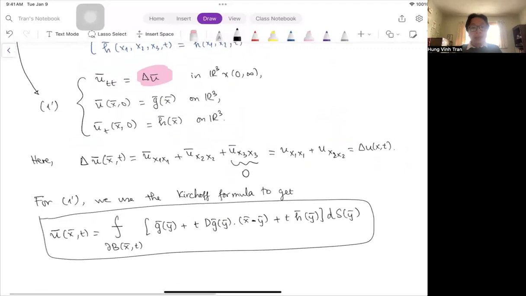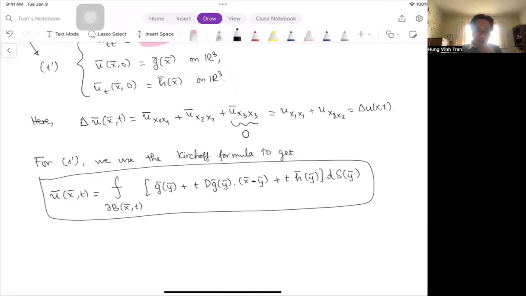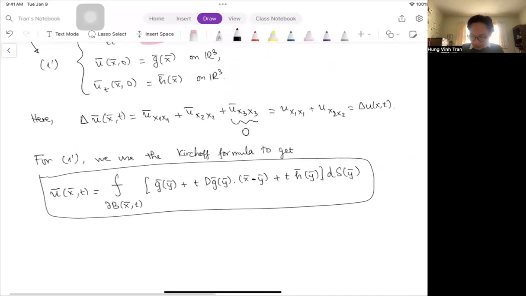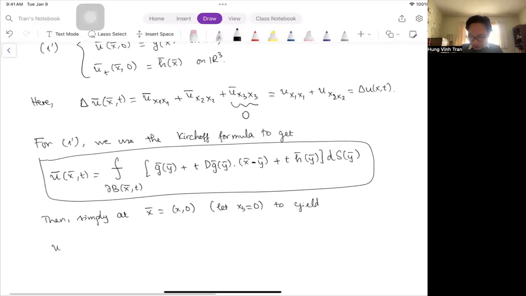Okay, so we have this formula. And how do we get from here to the formula for u? Well, simply take x bar equals x, 0. I just let x3 equal 0 to yield that u of x, t equals u bar of x, 0 at t, right?